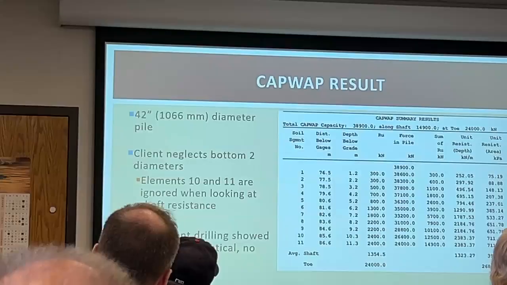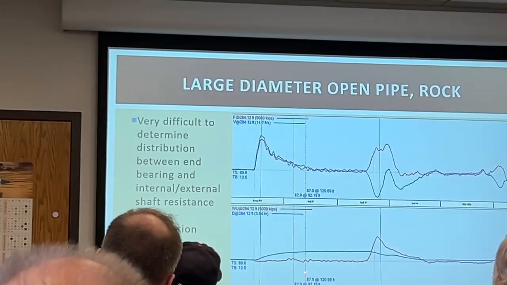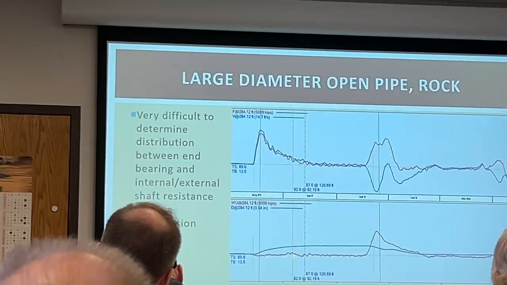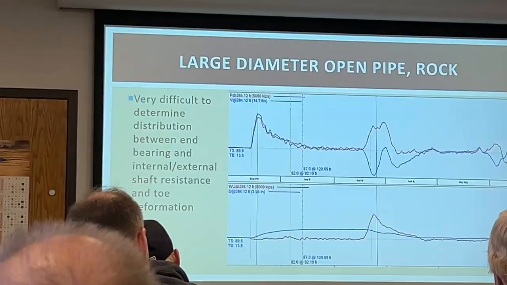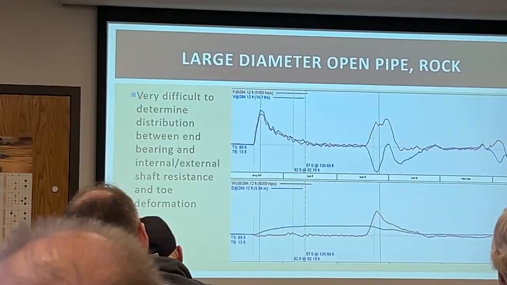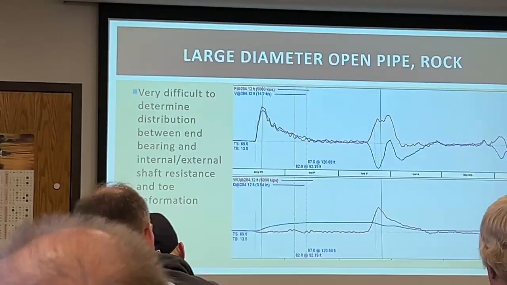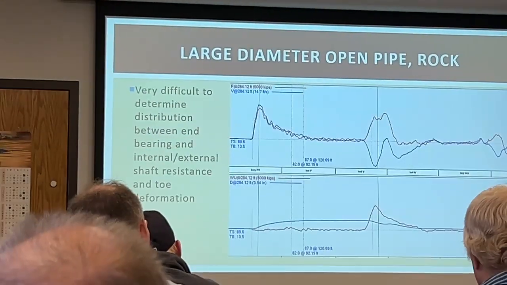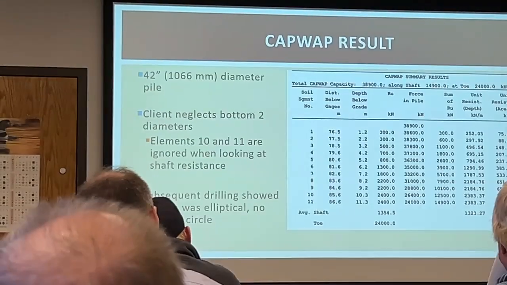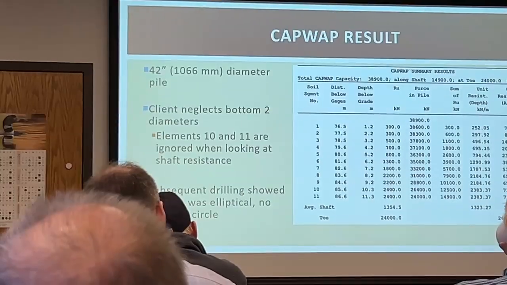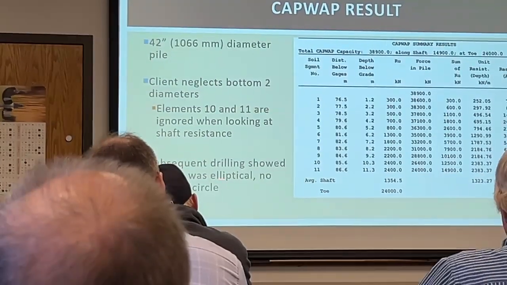Now the other downside of this is we have beta markers at this point, and we can see a very strong end bearing component. We would interpret that as having a lot of end bearing, a lot of resistance down there, and it does. But when they tried to drill it out, because they wanted to go deeper, well, the bottom was a little bit elliptical.